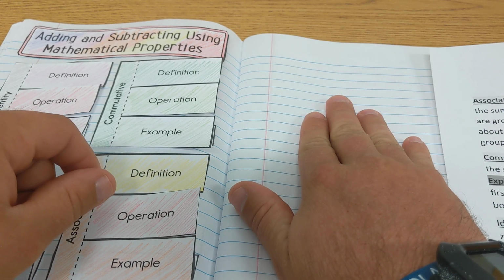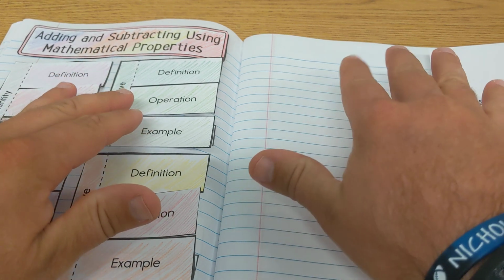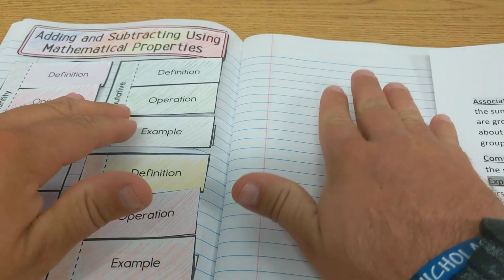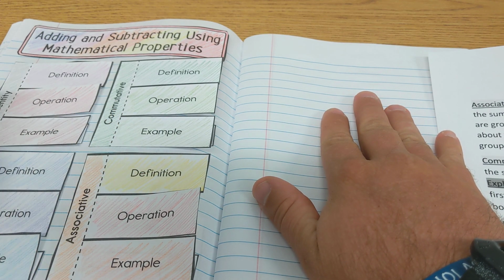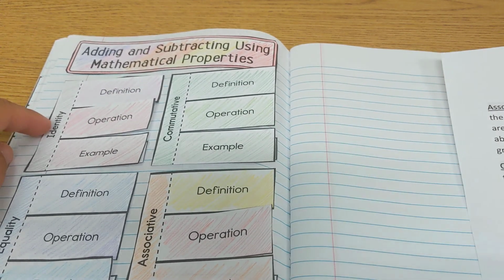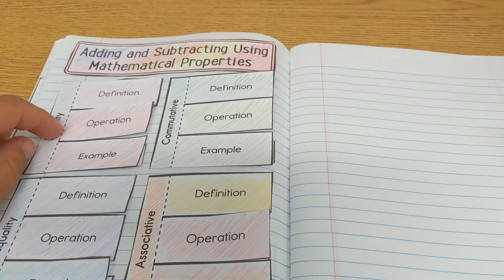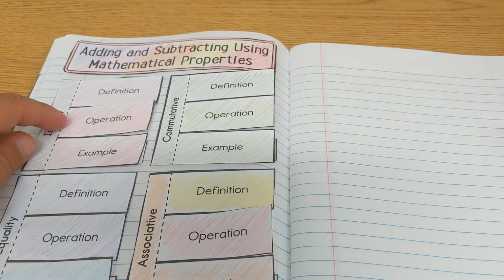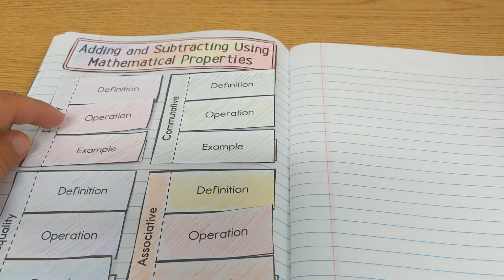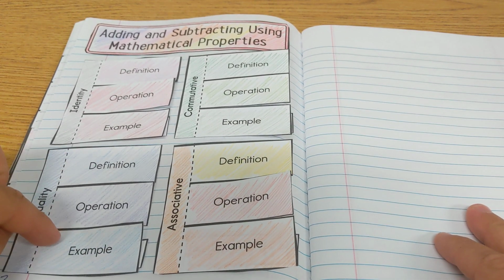That way it gives you a quick look at what another example is. So remember, under the definition, you're just going to write the definition. Under the operation, you're going to tell me if it is adding or subtracting or both, adding and subtracting, that you can use this property for. And then your examples, we've already determined are underneath.